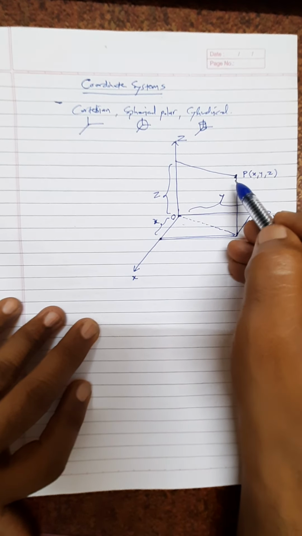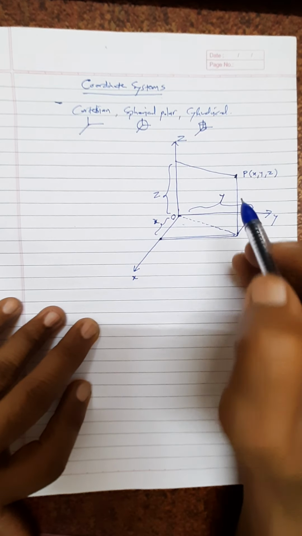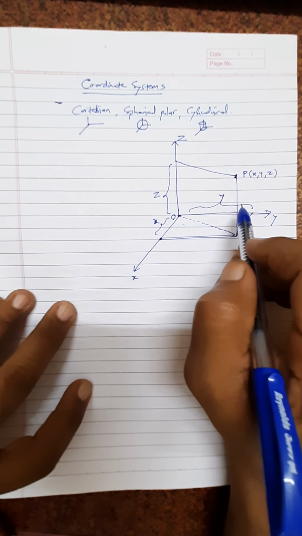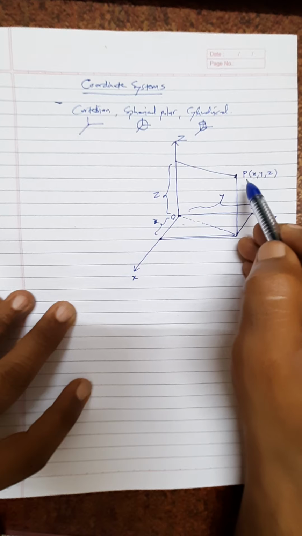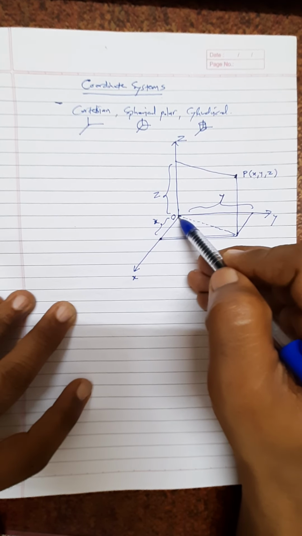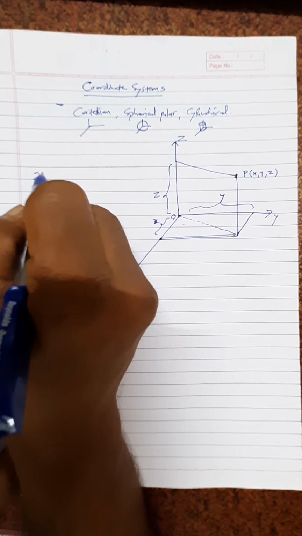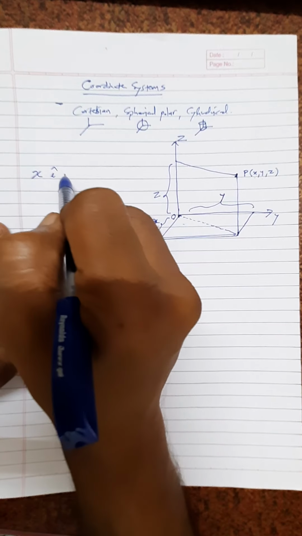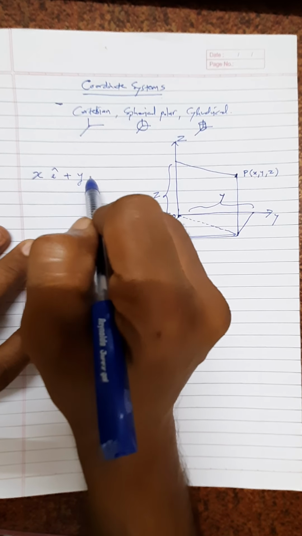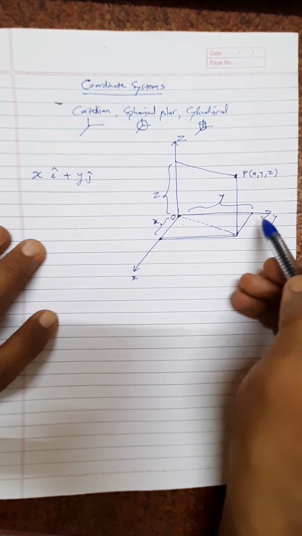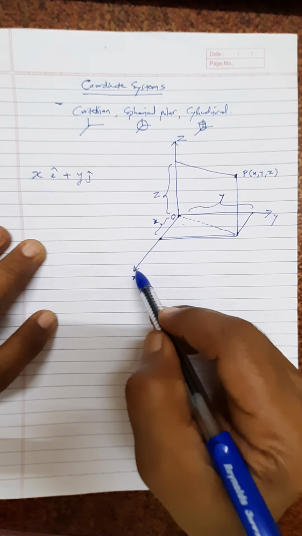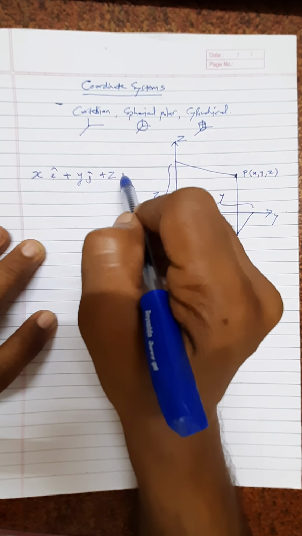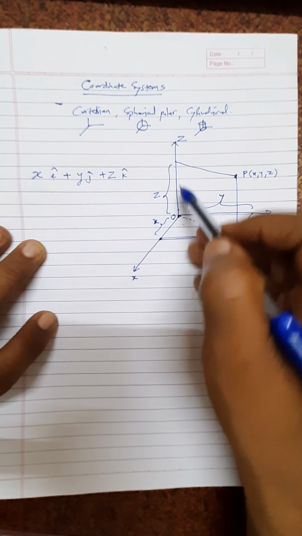if the same point is to be expressed in another coordinate system, how we can represent it, we will have to discuss. But before that, if I have to reach point P from O, what will I have to do? I will have to travel a distance of x along the x axis, so I can write x i cap, plus a distance of y along the y axis, that is y j cap. i cap is the unit vector along the x axis, j cap is the unit vector along the y axis, and similarly I will have to travel a distance of z along the z axis, where the unit vector along the z axis is k cap.